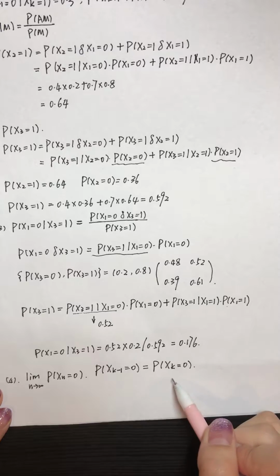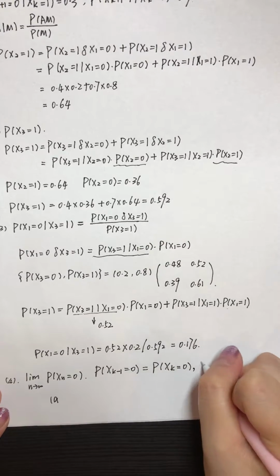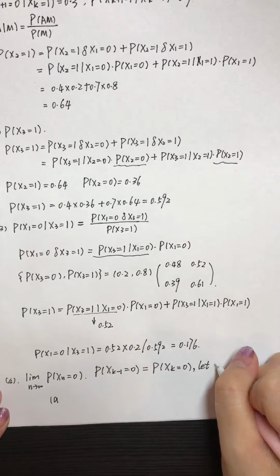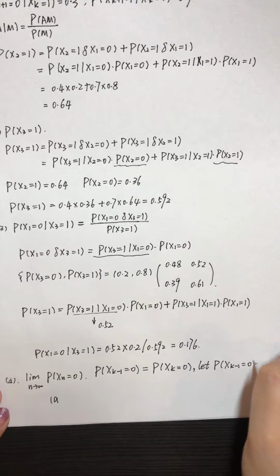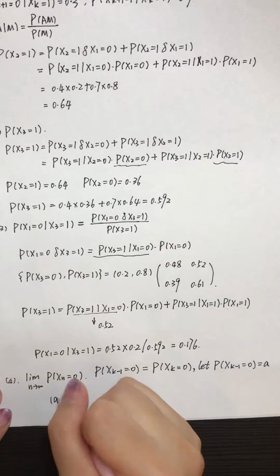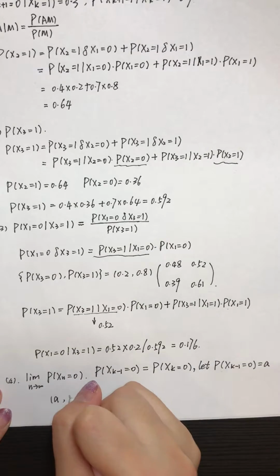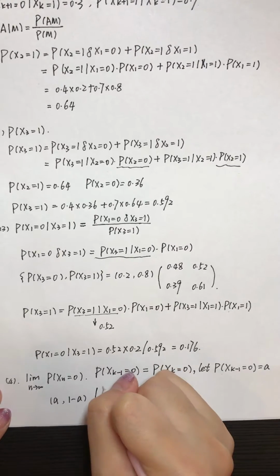So when we have this equation, we can have this. We let the probability of xk minus 1 equals 0 equal a. So we can have this equation.